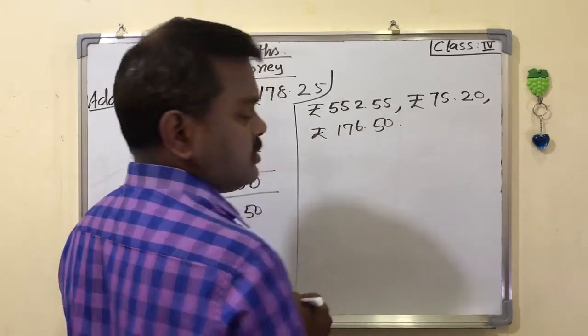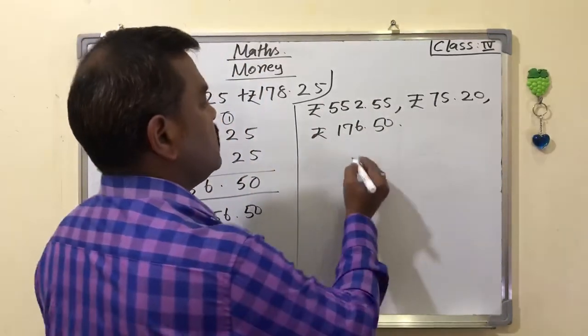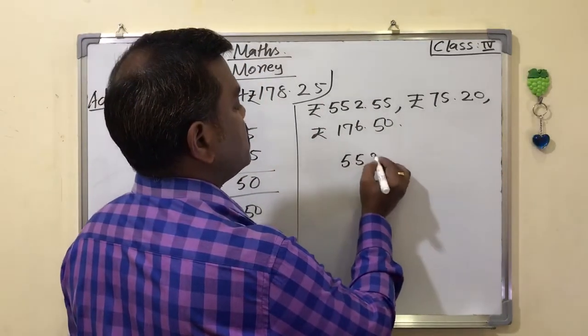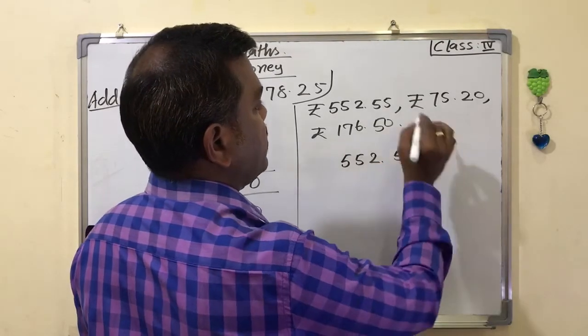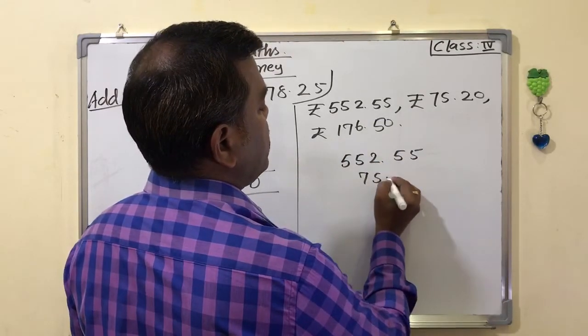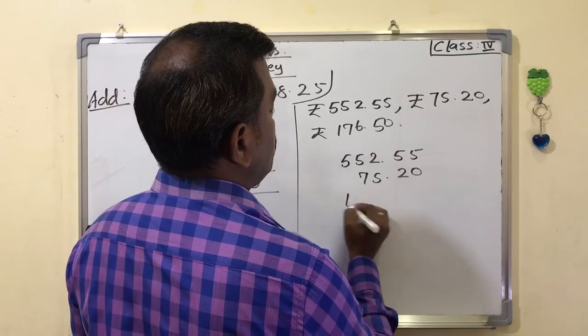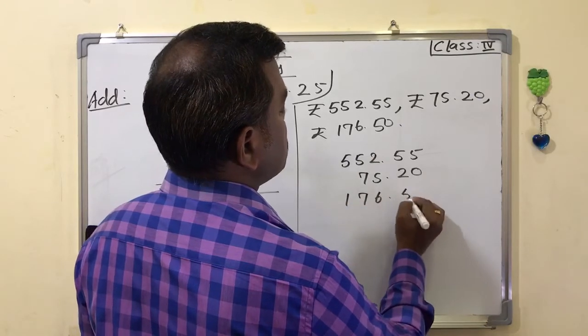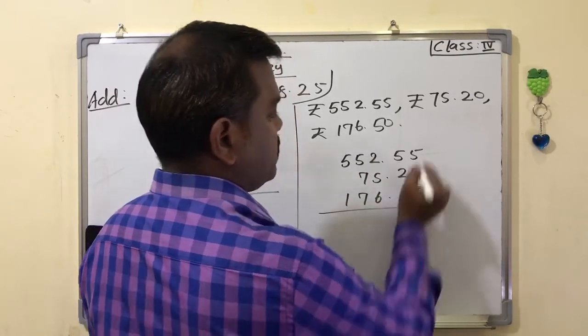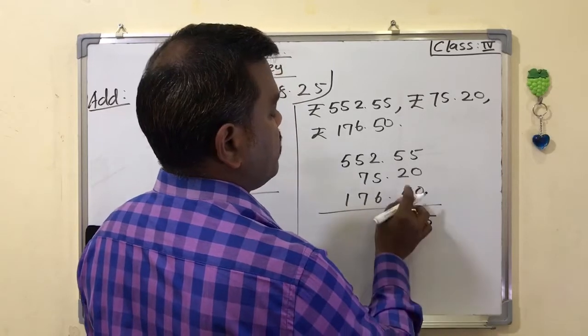Add, same like our decimal addition. 552.55, 75.20, 176.50. Add. 5 plus 5, 10.